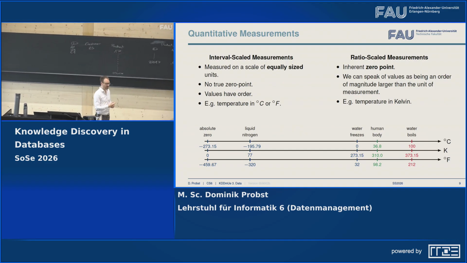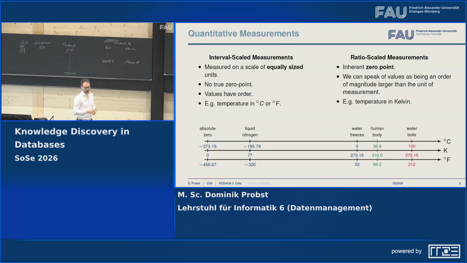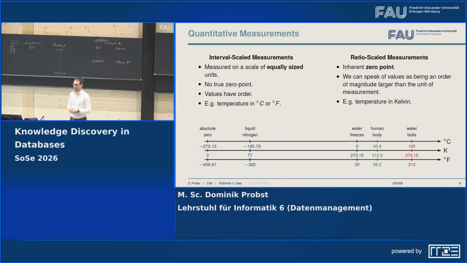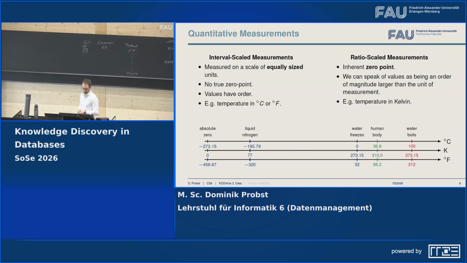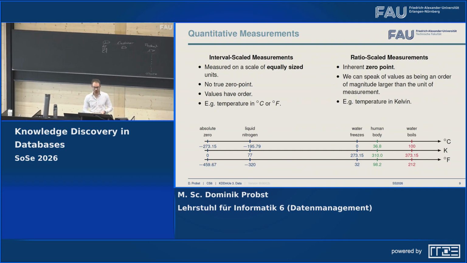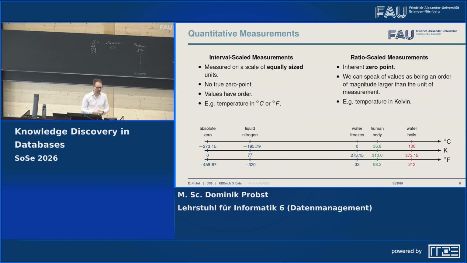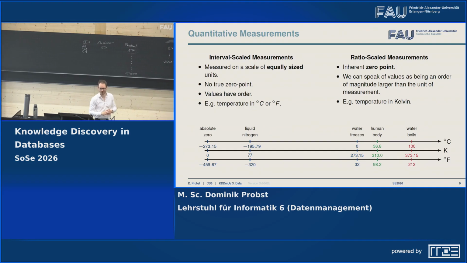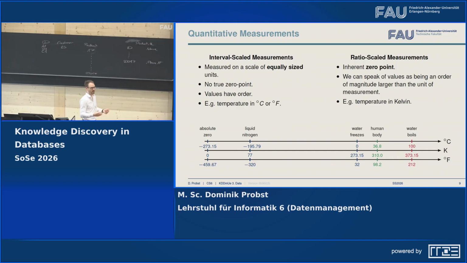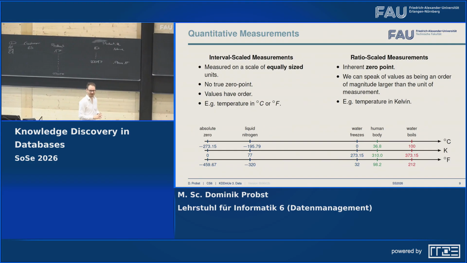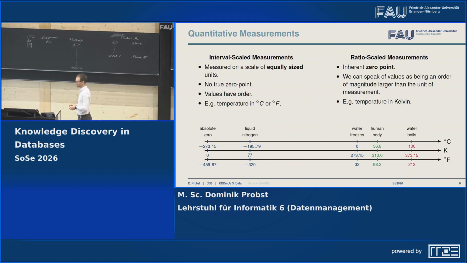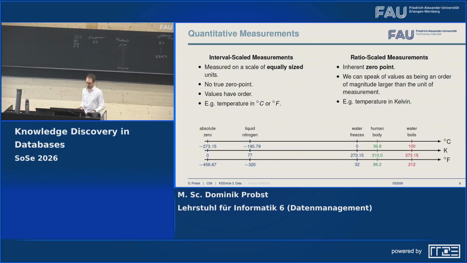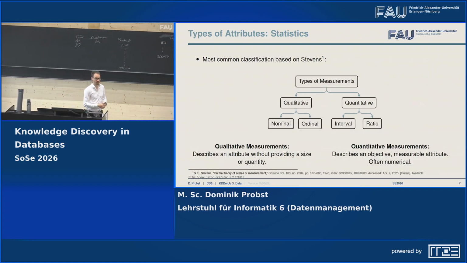And these are scaling differently most often than interval scaled measurements. So the best example in this case is, of course, temperature, because we have two measurements pretty often used, which are interval scaled, and one measurement which is used in science a lot, which is ratio scaled. That's basically the Stevens classification.